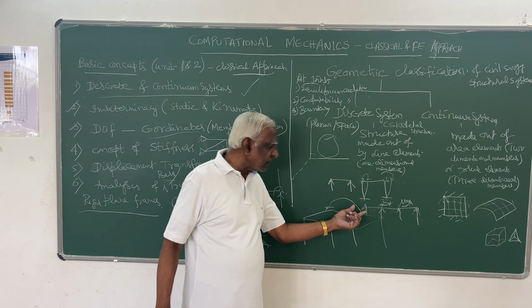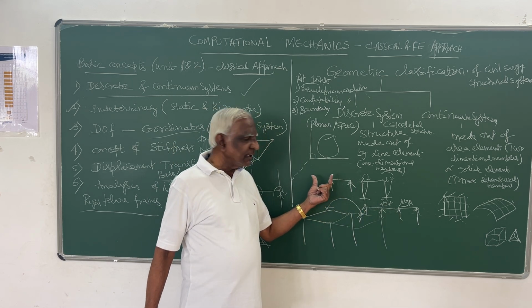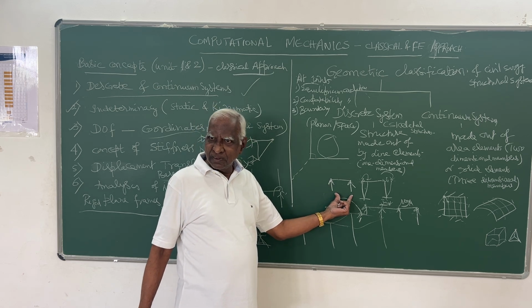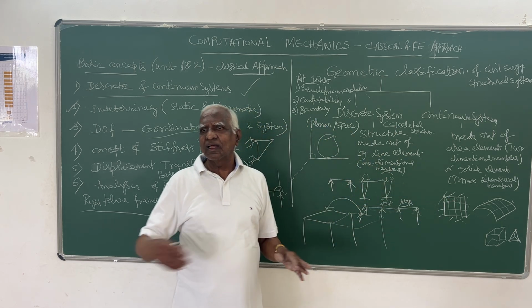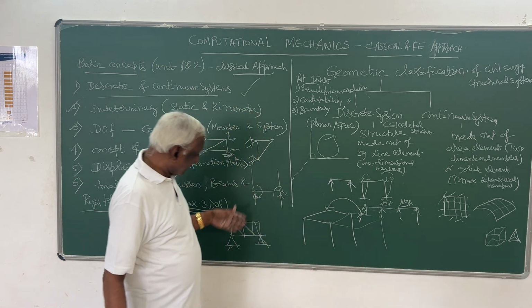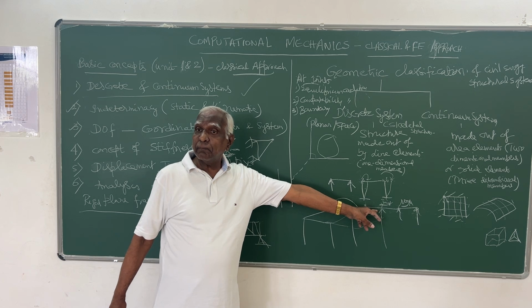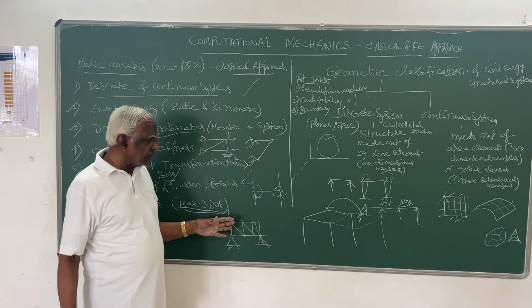If that particular structure has only one span, it is called a simple beam. If it has more than one span, it is called a continuous beam. And of course, all member elements lie in one plane. Now, what is a truss type of structure?